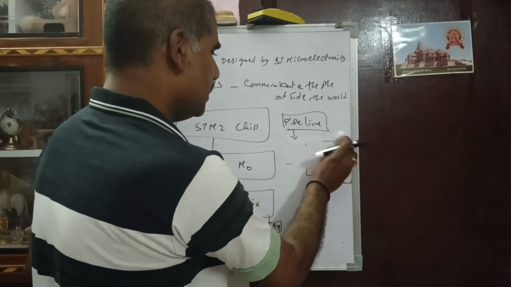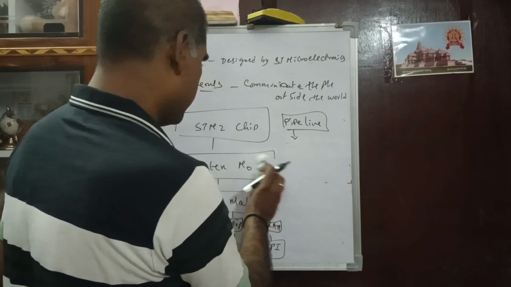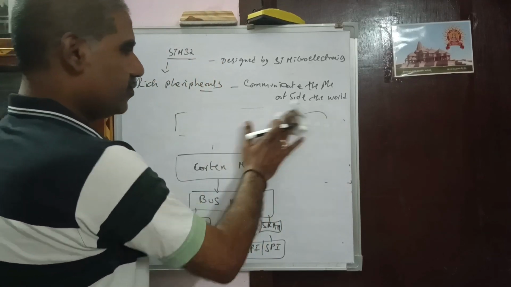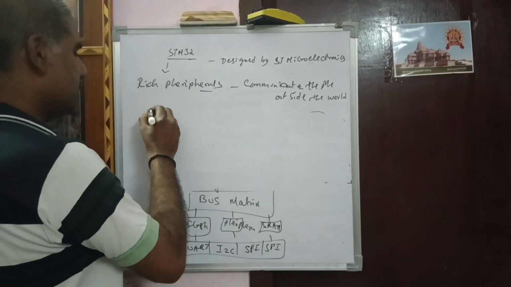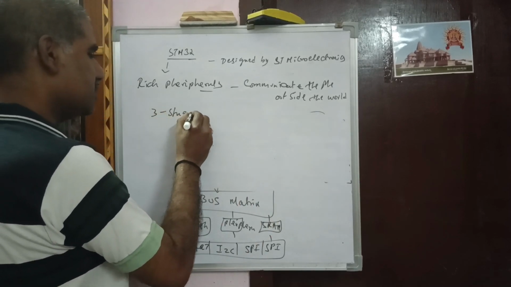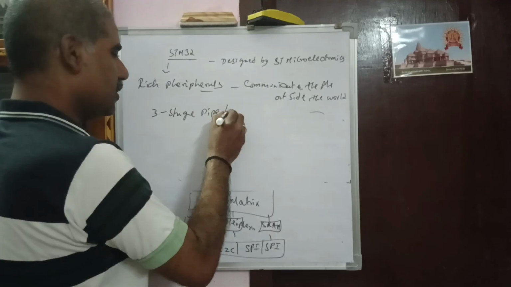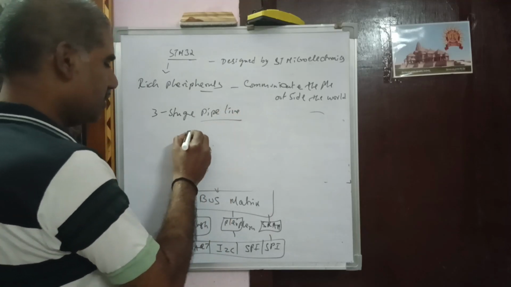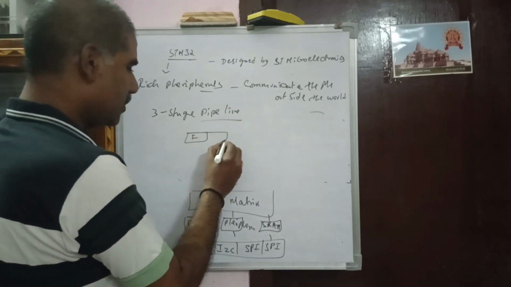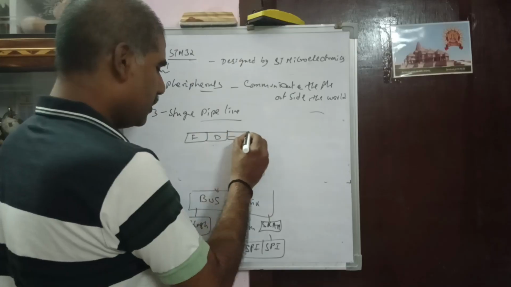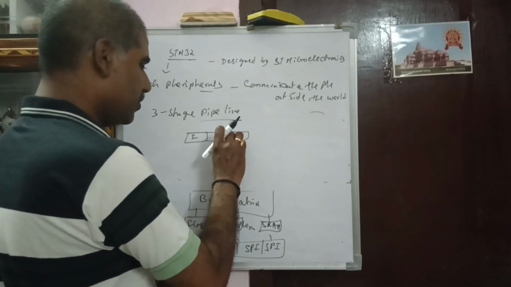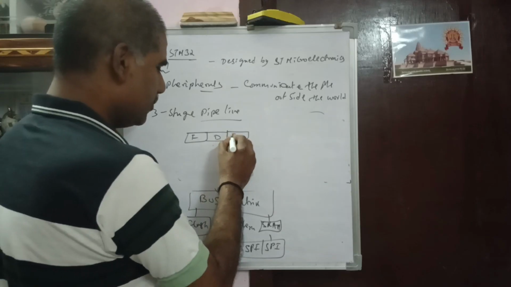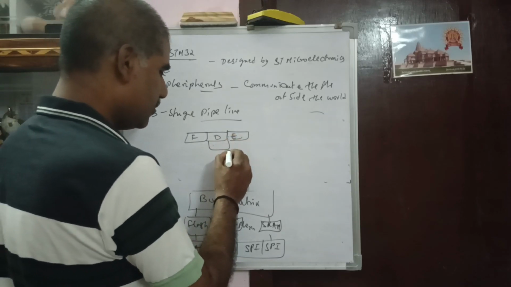You can see this is the architecture for pipelining. Pipelining means it supports a 3-stage pipeline process in STM32: fetch, decode, execute. These 3 are performed while fetching the next instruction.